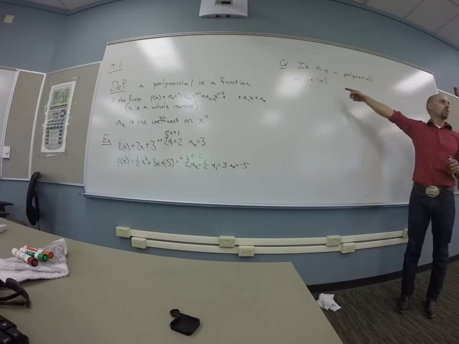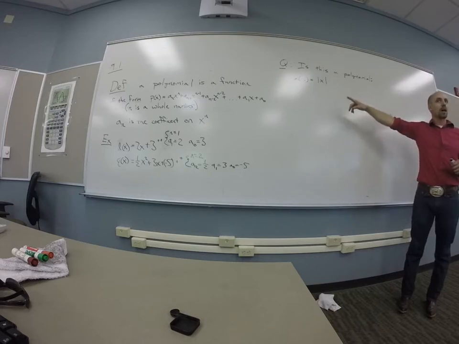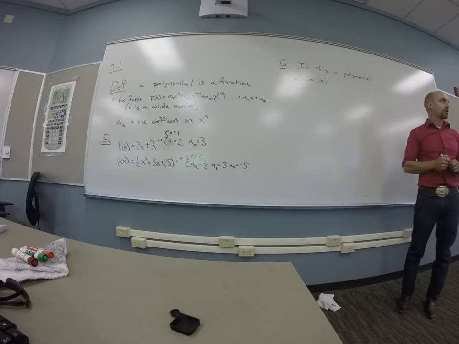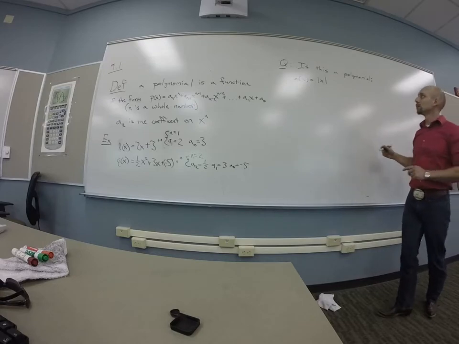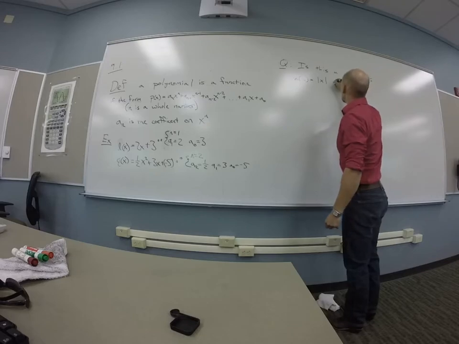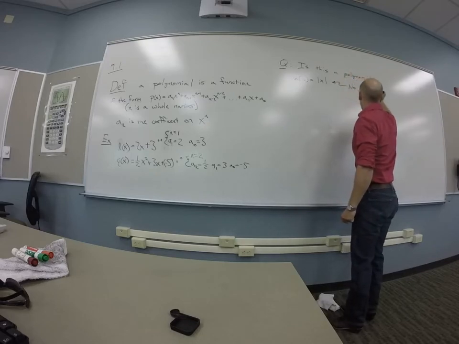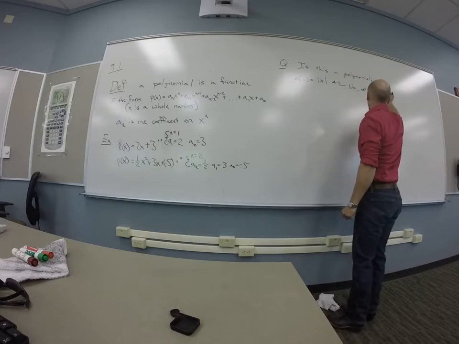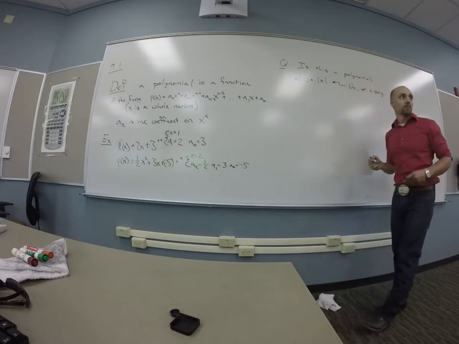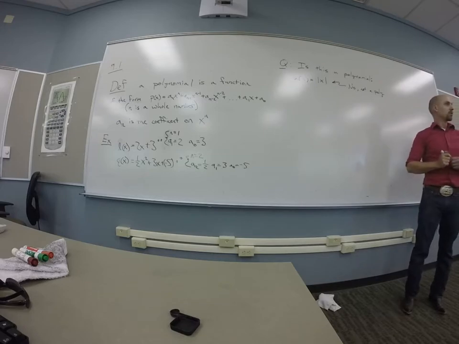Is this thing one of those? No. So this is a disallowed operation for it to be a polynomial. So my answer is no. Not a polynomial. And I'll pretty often abbreviate that poly. Okay? So this isn't a polynomial because it behaves differently, basically. Cool.